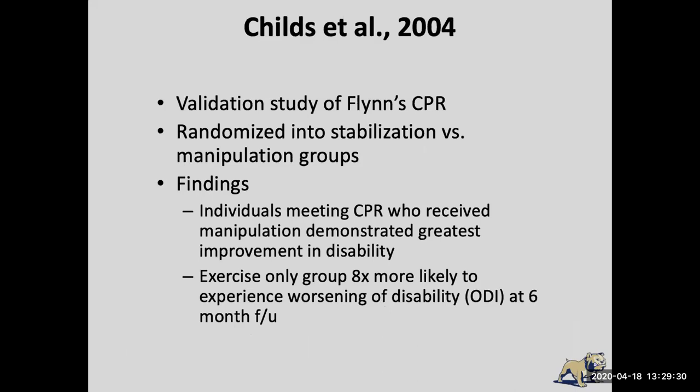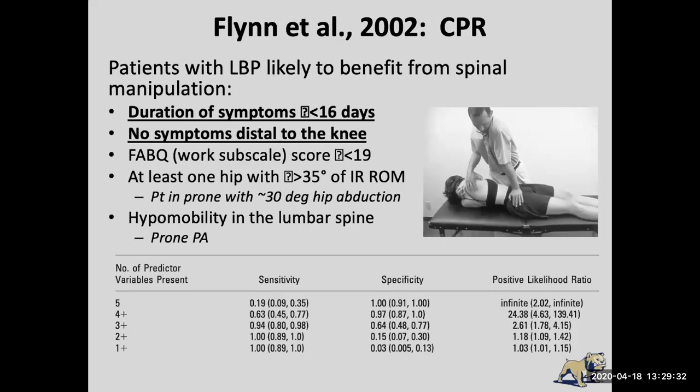So a study essentially looking at these different factors, trying to validate or not validate the clinical prediction rules, found that really the important factors here, the two bolded and underlined ones, so those being the two factors most associated with positive outcomes, were the duration of symptoms 15 days or less, and no symptoms distal to the knee.